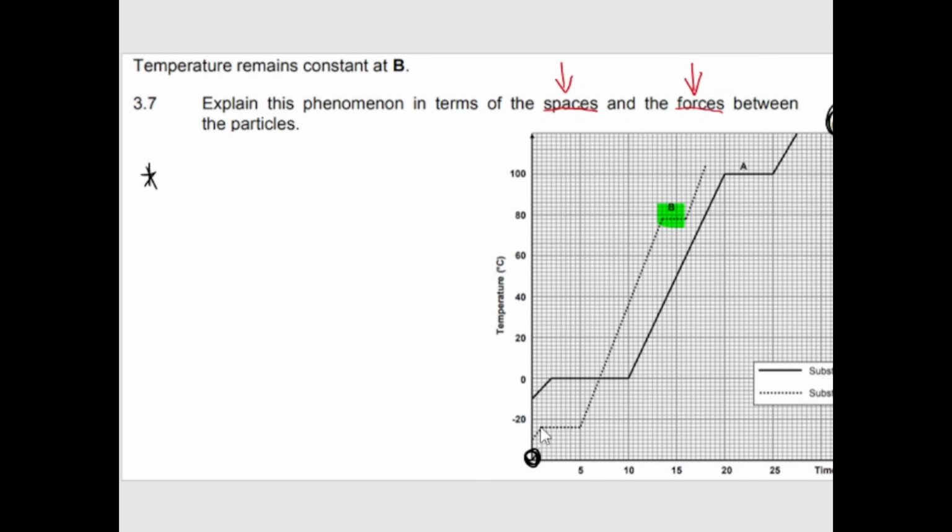But it's not always going to cause a temperature increase. So sometimes the heat added to the substance won't cause the kinetic energy to increase, won't cause the temperature to increase, but that heat, that energy will be used to overcome the intermolecular forces, okay, to weaken, we don't say break, intermolecular forces, to weaken the intermolecular forces.